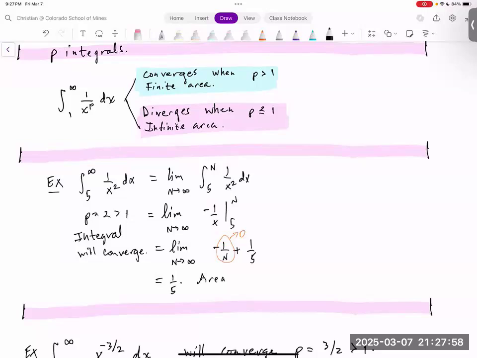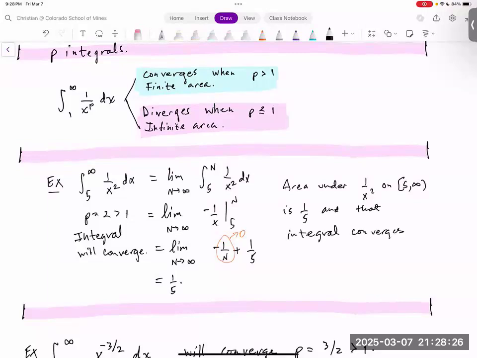The area under 1 over x squared on 5 to infinity is a fifth, not a half, a fifth. And that integral, which represents the area under the curve, converges. It converges to a fifth.